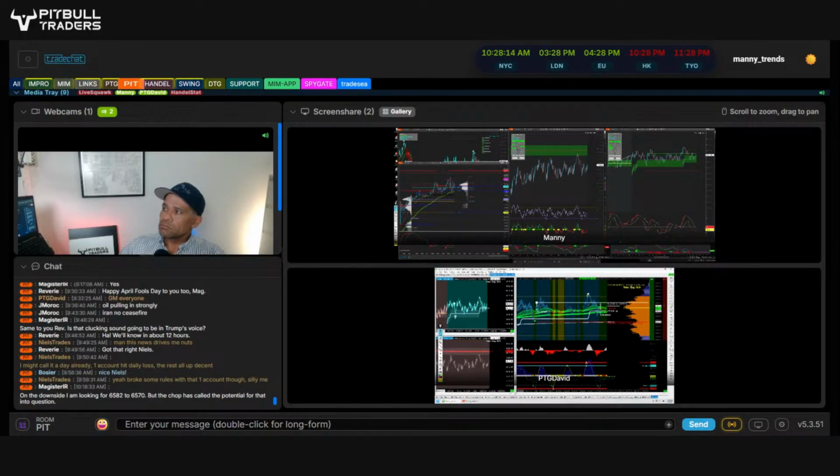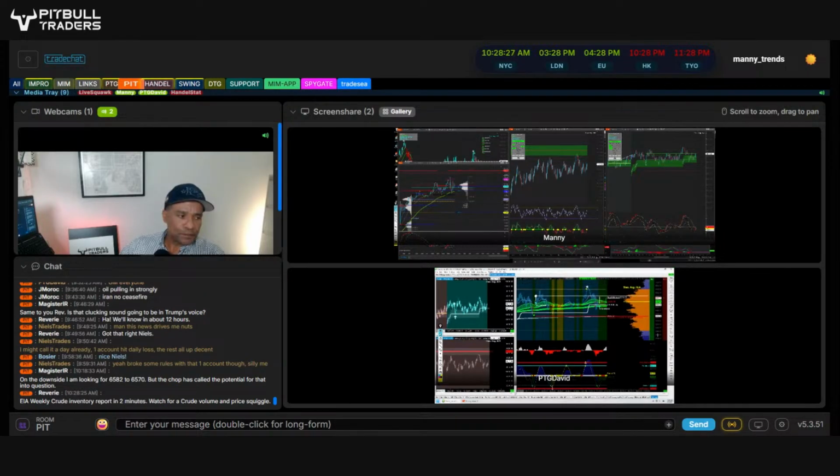So continuation would be as we look at above the value high right now, developing value high, and then any new weakness coming in would have to be below VWAP, with some sustained activity below VWAP to shift that.